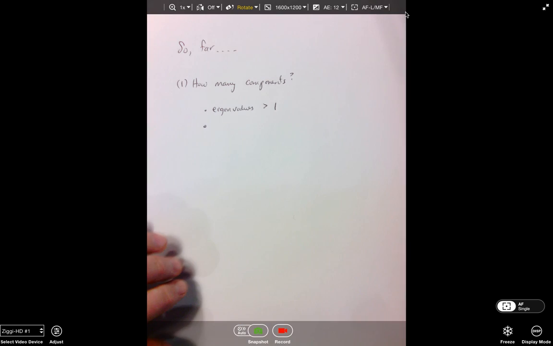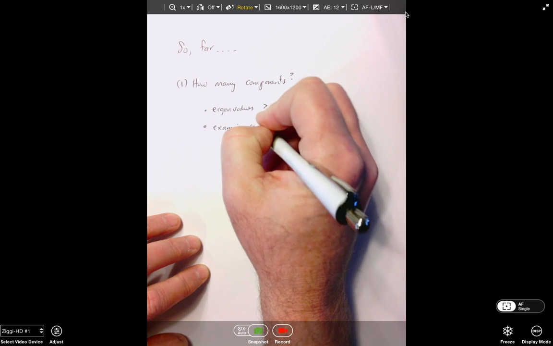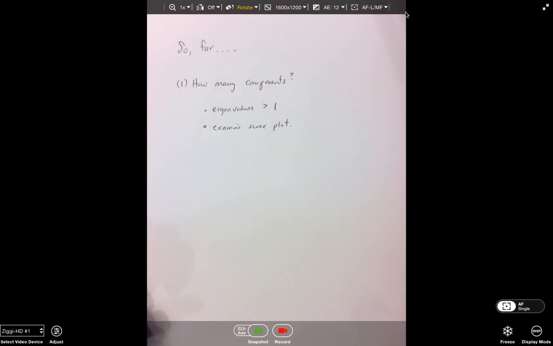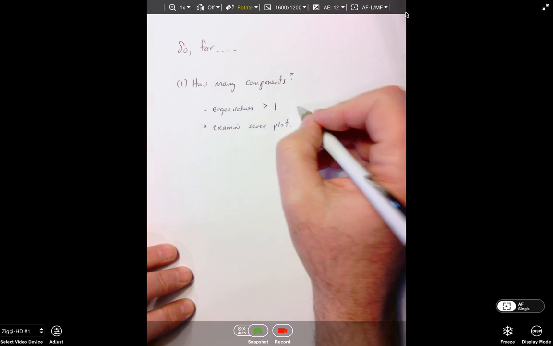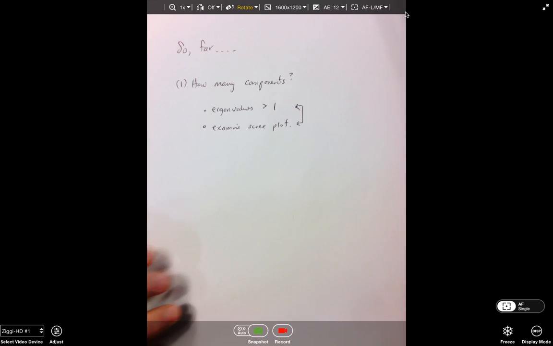I would always retain the components that have eigenvalues greater than 1, and examine a scree plot. Now, where things get wacky is when these 2 things don't agree. And if that ever happens, that's when you just get into the literature and start seeing what you're supposed to do, which one you're supposed to agree on.